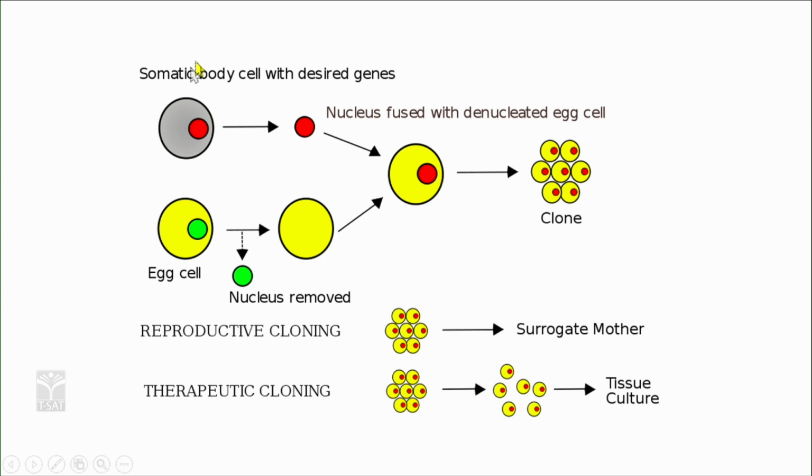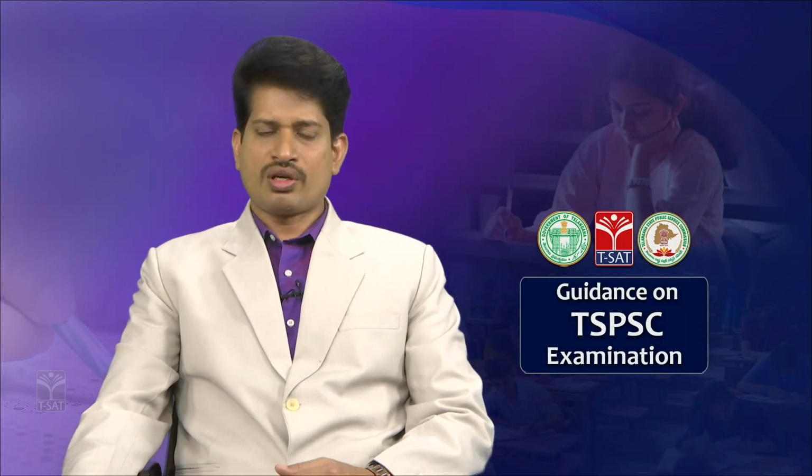So, in this case we remove the nucleus of the somatic cell, and we take an egg and remove the nucleus of the egg. In place of the nucleus of the egg we place the nucleus of a somatic cell, and the cell assumes that it has been fertilized because the chromosomal condition is complete. A somatic cell contains 46 chromosomes, whereas an unfertilized egg contains only 23 chromosomes, which is not sufficient to generate a complete organism.